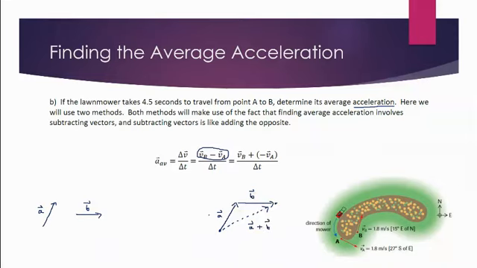On the same diagram here, I'm going to show A minus B. So to do A minus B, you draw A, but then instead of drawing vector B, you draw its opposite.